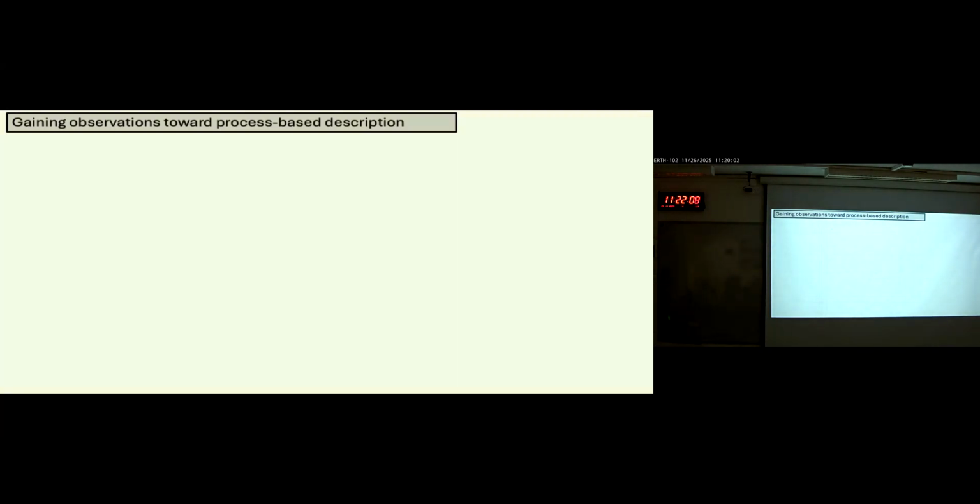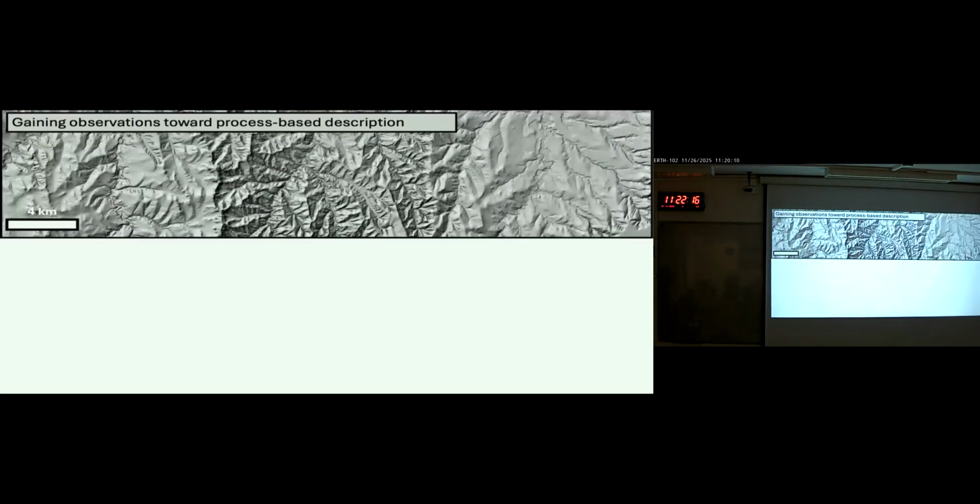So I started by gaining a field and terrain analysis perspective and collecting observations. This is a hillshade map from the High Plains, where you can appreciate how significantly the landform varies. For example, in the middle part of the screen, this highly dissected area is expanding and capturing more and more area, this asymmetry, and this catchment captures more and more area from the much smoother surface on the side.